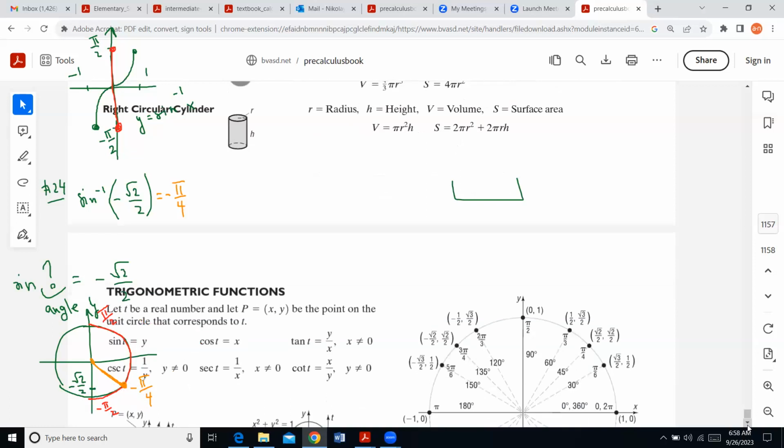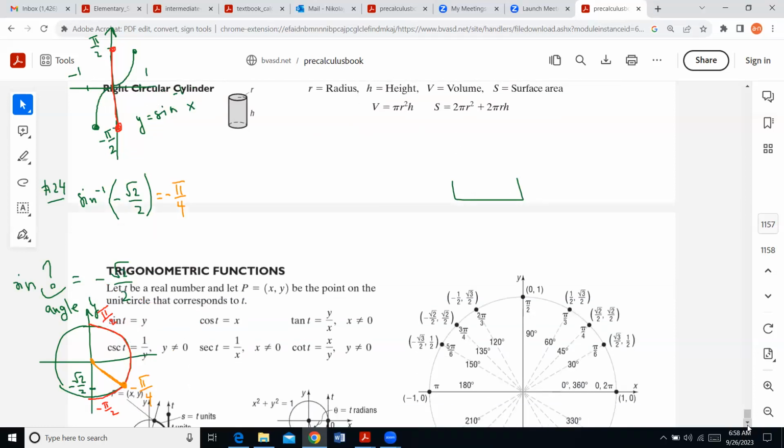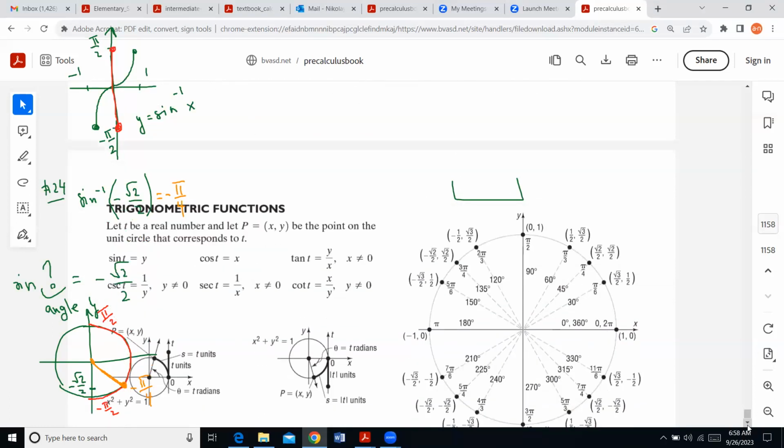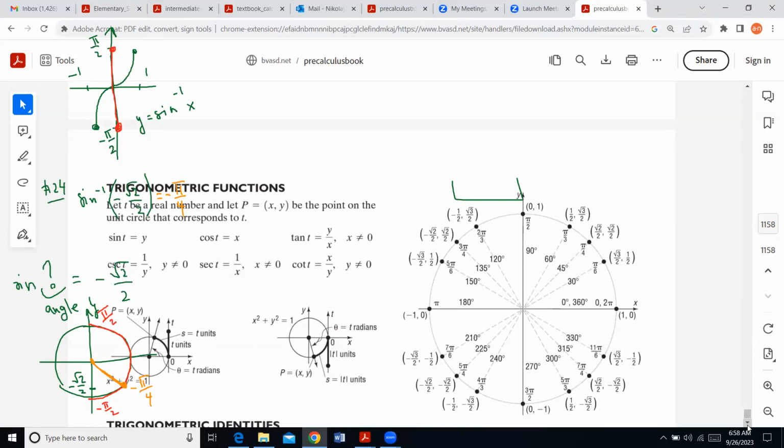And then the reason why I opened this page is here.